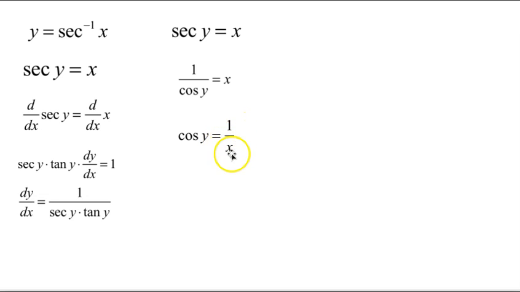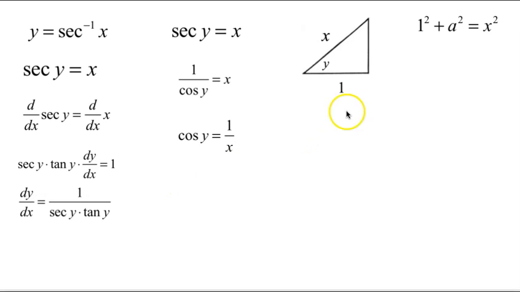Cosine is adjacent over hypotenuse, so the adjacent is 1 and the hypotenuse is x. So I've got to find the altitude of this triangle, so I need to use the Pythagorean Theorem again. So 1 squared, base squared, plus altitude squared is x squared. So a squared is x squared minus 1, so a is the square root of x squared minus 1. So that's the altitude of this triangle.